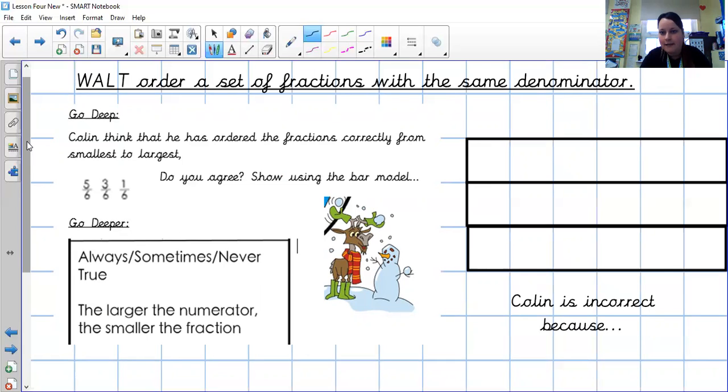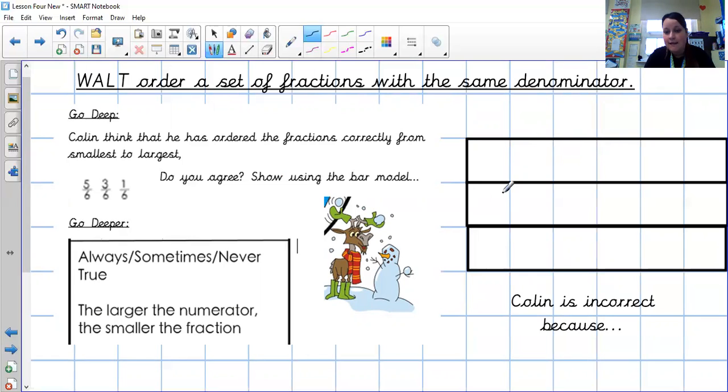Do you agree? Show using the bar model. So hopefully you can see straight away that Colin is incorrect. He has not ordered those fractions from smallest to largest. So what you've got to do in your book is to show the correct order. That's your do it, isn't it? You're doing it for Colin.